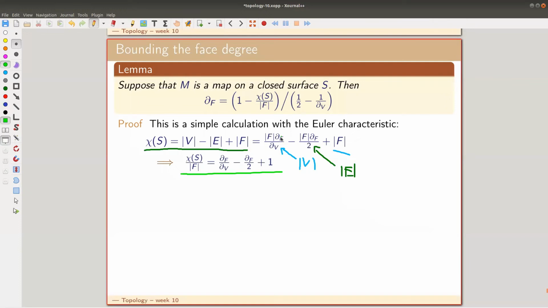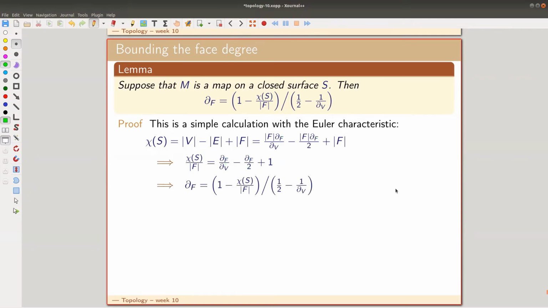So it's just really just this remains here, this and this remains, and then the 1 for f. Okay, and well, now you can rewrite and just solve for delta f. That's all we do here. If you solve for delta f, you get exactly this expression.